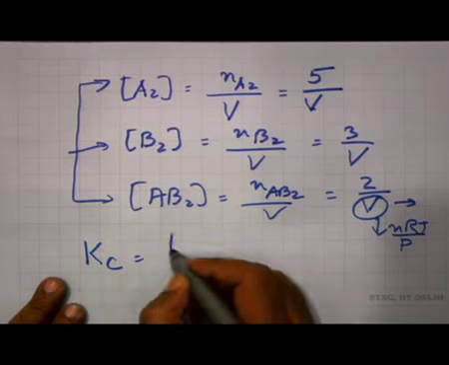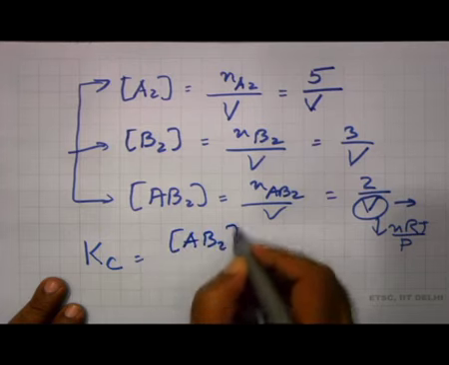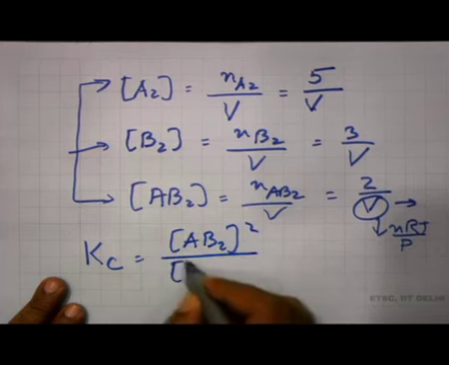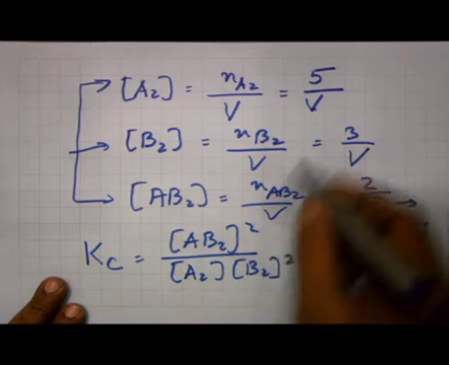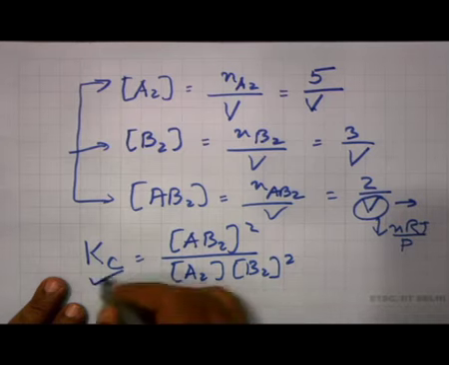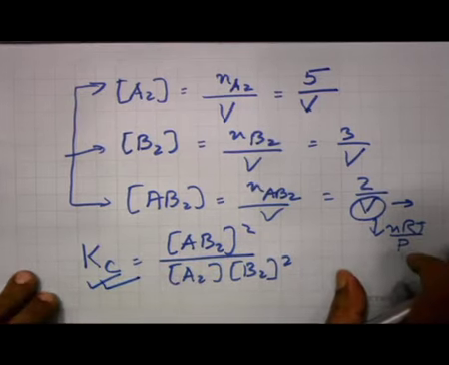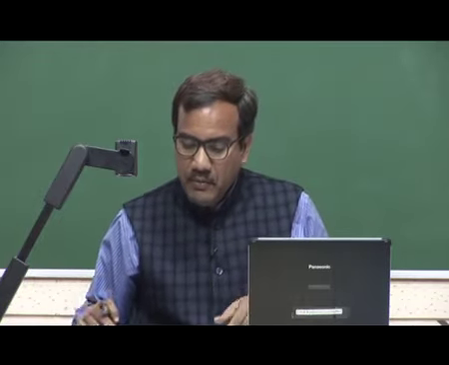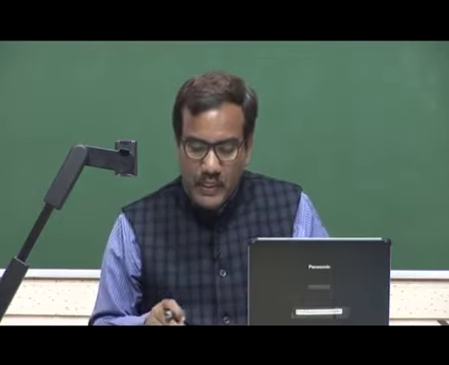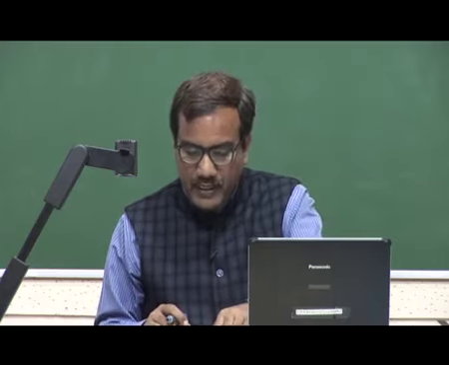Kc is simply [AB2] squared by [A2] into [B2] squared, and then you just put in these numbers and you will be able to get the value of Kc. So, now you can see that if the equilibrium concentrations of reactants and products are known, it is easy to calculate the value of Kc.